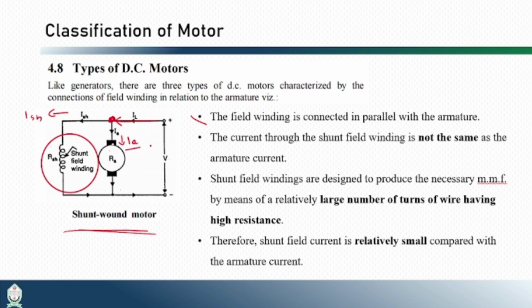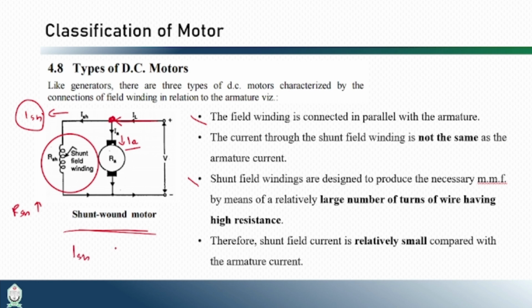So in order to maintain that, our shunt current should be as low as possible. To make that happen, we should keep the resistance of the shunt field as high as possible, which is written here: shunt field windings are designed to produce the necessary mmf by means of a relatively large number of turns of wire having high resistance. So in this type of motor, there are two currents involved.